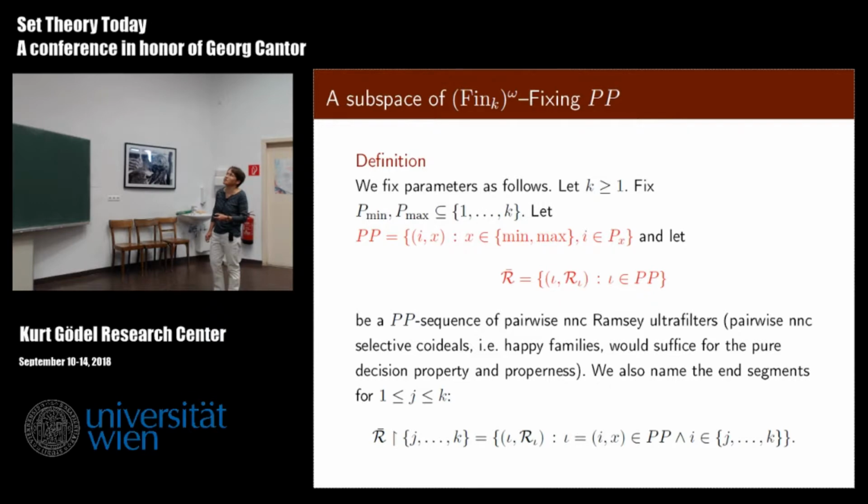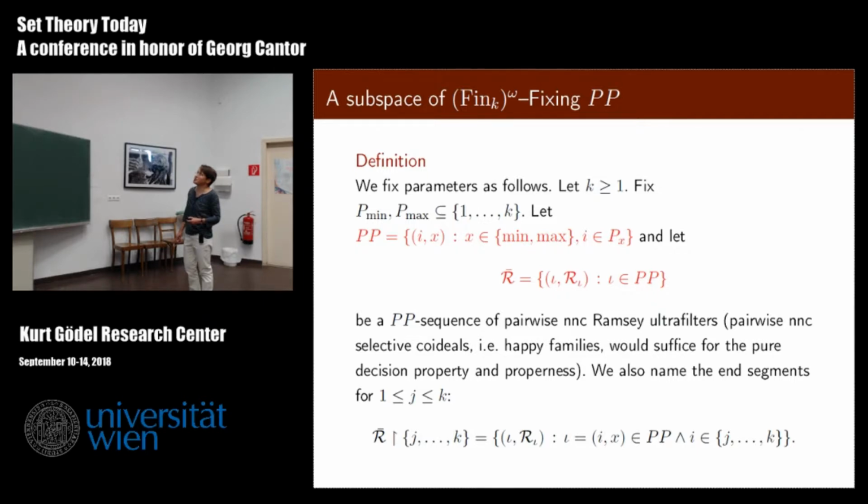So somewhat, for Ramsey ultrafilters, you can also say just non-isomorphic Ramsey ultrafilters. For my applications, I use here Ramsey ultrafilters, but you could also use just selective co-ideals. That would suffice to do the Ramsey theoretic machinery.